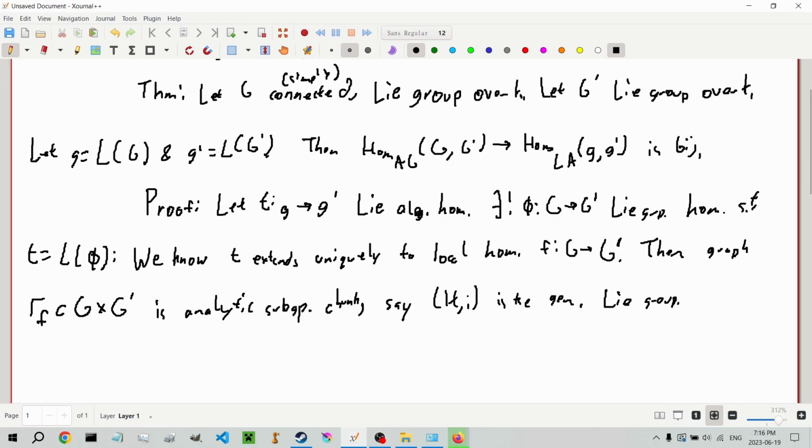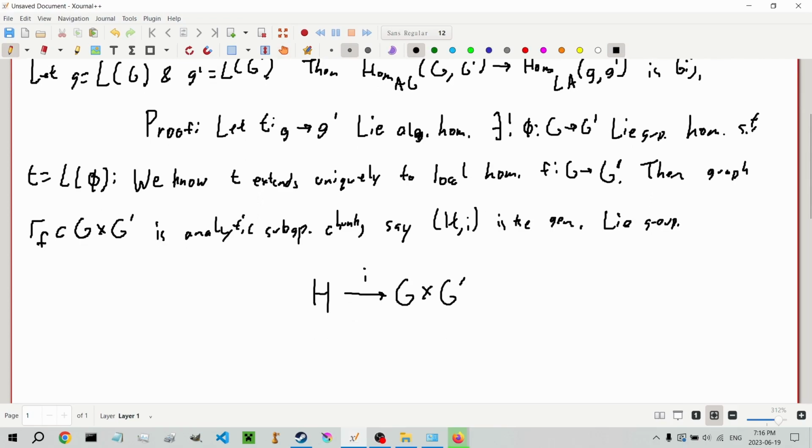So we have a map then from H through our i. It's going to be sending it to some point in G times G prime, which we can then just project onto its first factor of G, and this is equivalent to pi one composed with i, call it C.